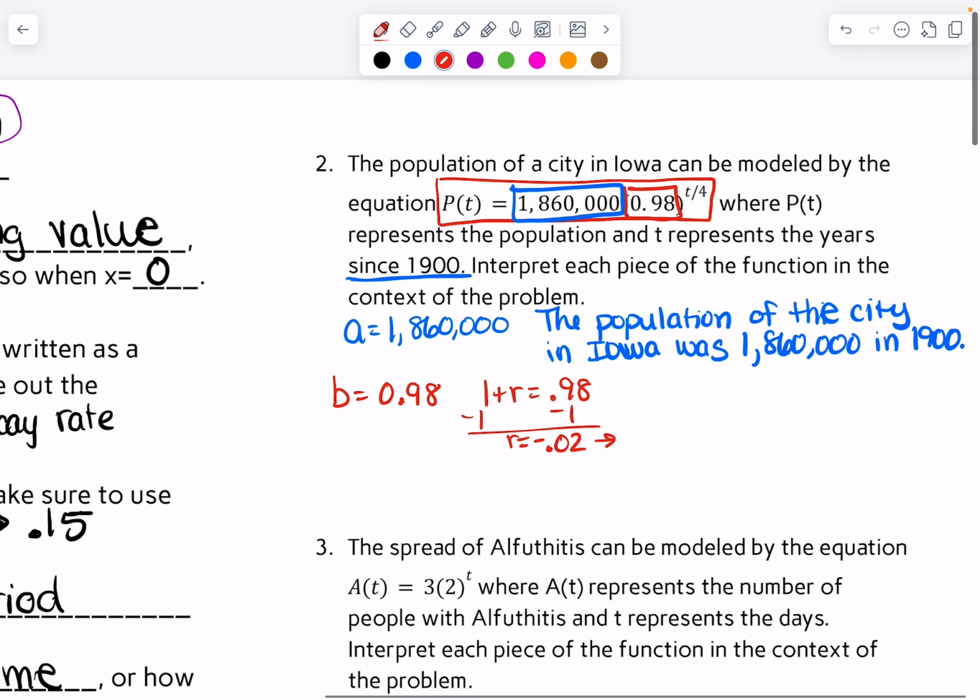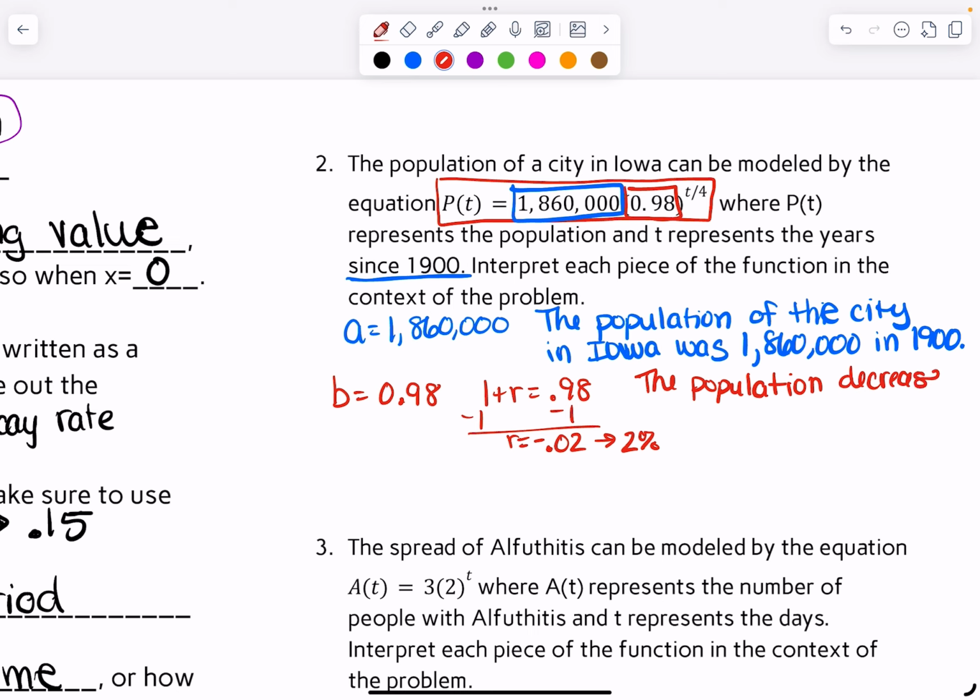If I change that to a percent, that is negative 2%. We can say the population decreases by 2%.